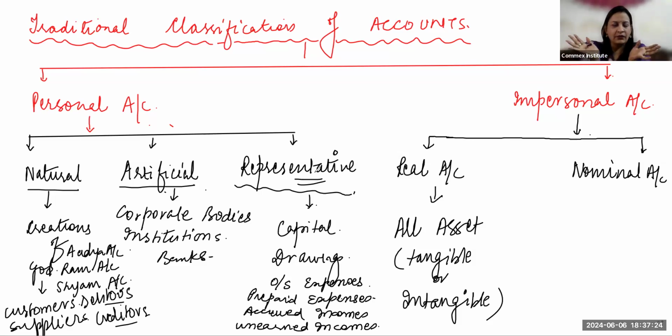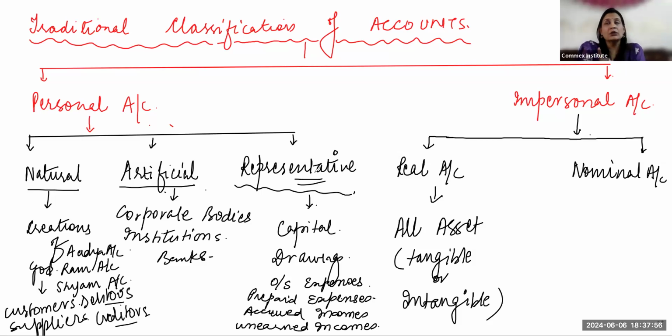It can be machinery, land and building, cash in hand, stock, goodwill, patents, trademarks, copyrights, furniture, vehicles, everything under the assets. You have learned so many times the examples of the assets, the non-current assets, the current assets.